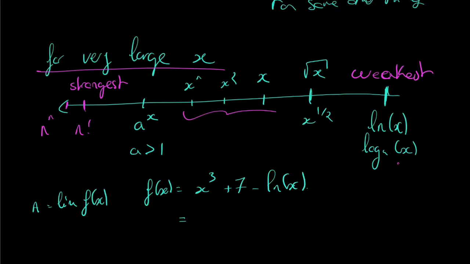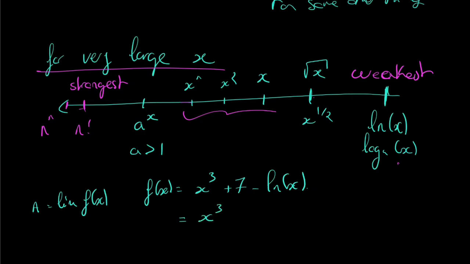Here we see that the strongest element is x to the third power. This is the most powerful. And ln of x would be very weak. We can just look at the graph here. Ln of x would be very weak in comparison to x to the third.